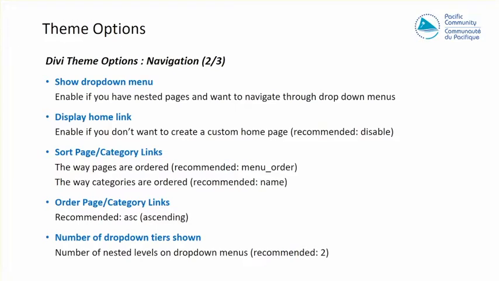Sort pages, categories, links, the way pages are ordered. Okay. Recommended menu. So we'll come to that later on. Pages and category links. Okay. So you can sort them, or the recommended order is ascending, okay, and the number of drop-down tiers shown, okay, which is recommended to be just 2.